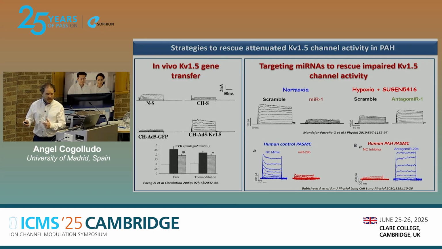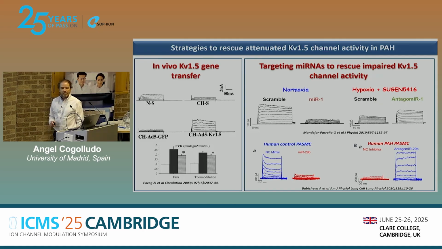And more recently, our group and others have targeted microRNAs. In our study, we identified miR-1 as a microRNA that could directly affect the expression of Kv1.5 channels, and the antagomir was able to partly restore the attenuated activity in the hypoxia in vitro model. And a similar approach was done by the Jason Yuan group.